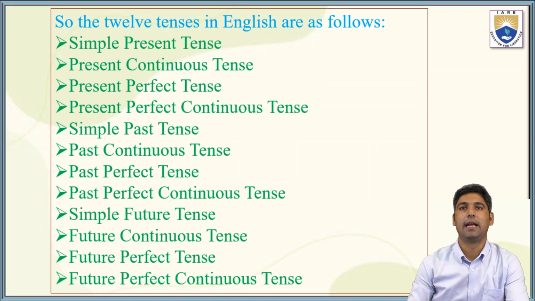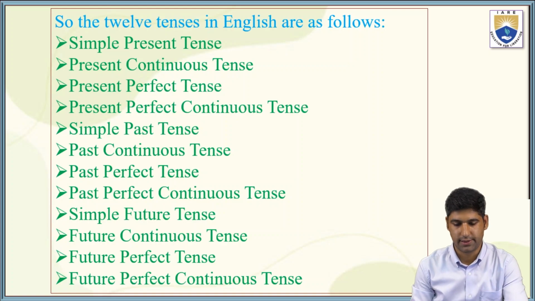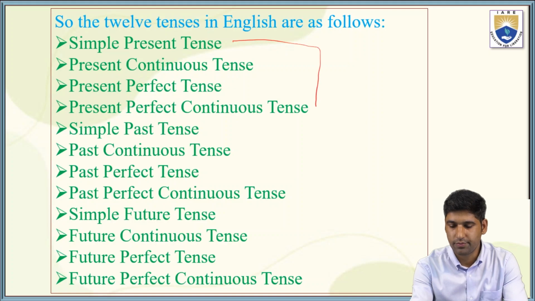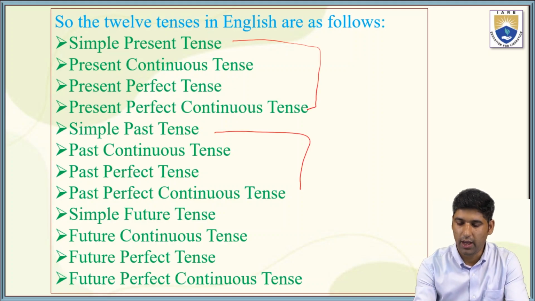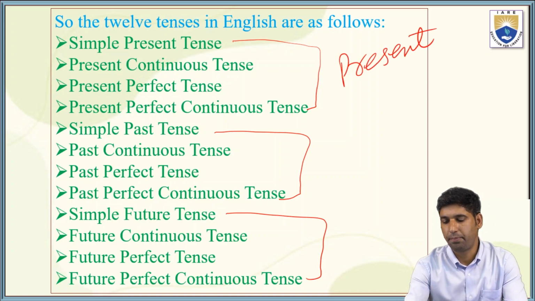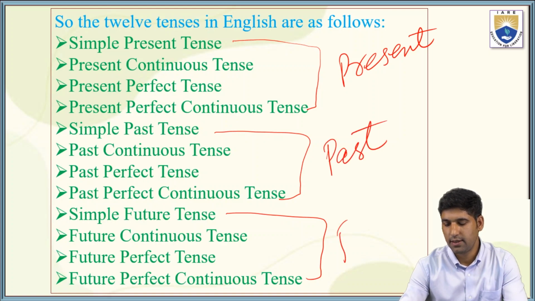Now let's have a glimpse of all the 12 tenses. For the present, we have these four. For the past, we have these four. For the future, we have these four.